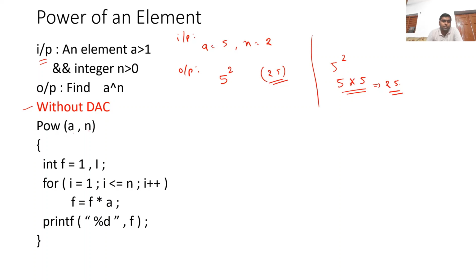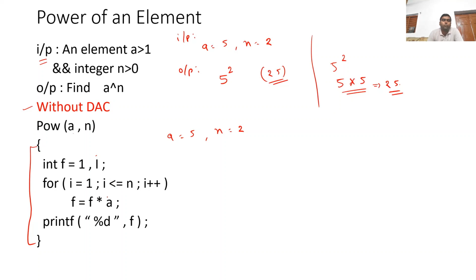So a raised to the power n we are supposed to calculate, and we are taking here an integer f equal to 1, and an integer i. So for i equal to 1 to n, because we have to go up to n. For example, what is the value of a? a is going to be 5 in our case, and n is going to be 2. So we have to move up to n, i starts from 1.